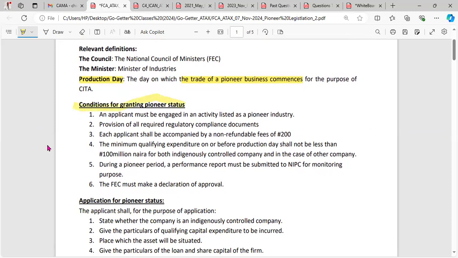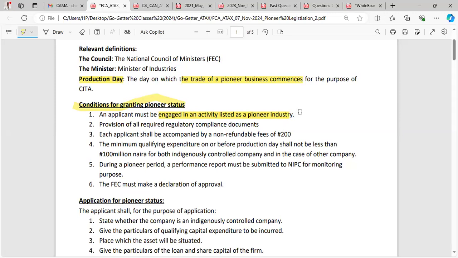One, the applicant must be engaged in an activity listed as a pioneer industry. So it means that you must be engaged in that industry that is listed as a pioneer industry.